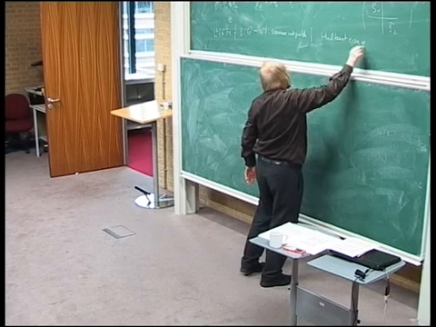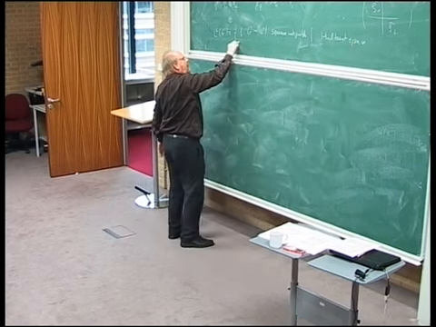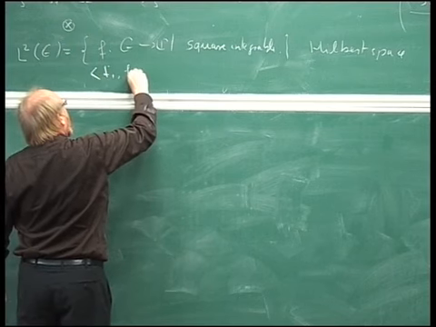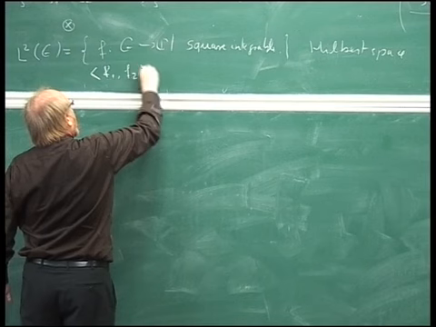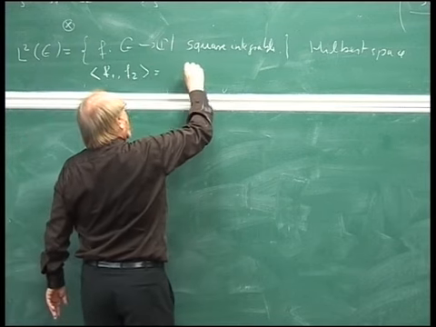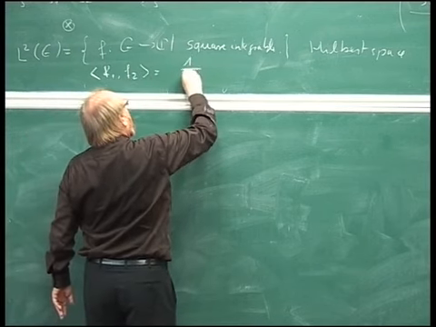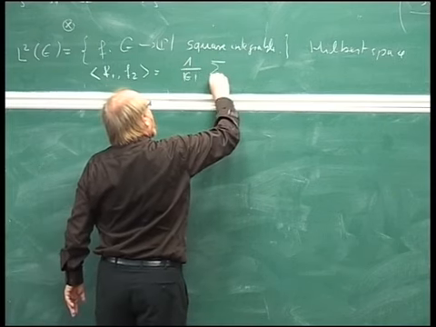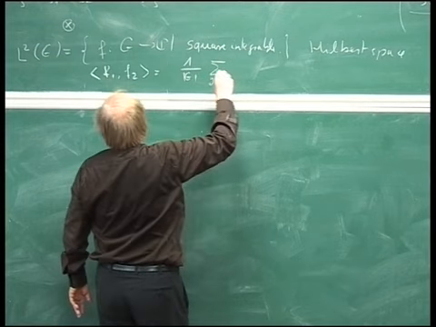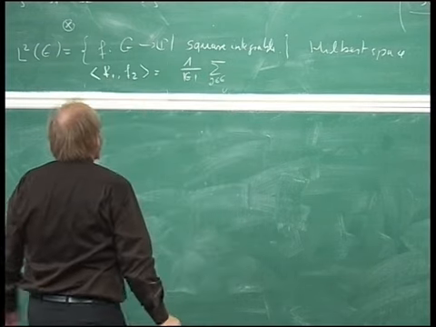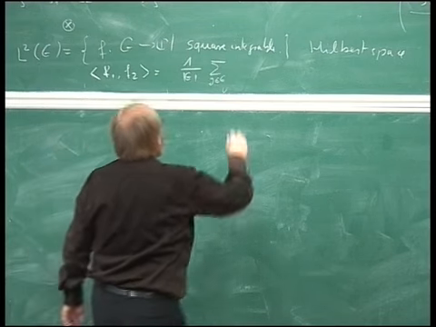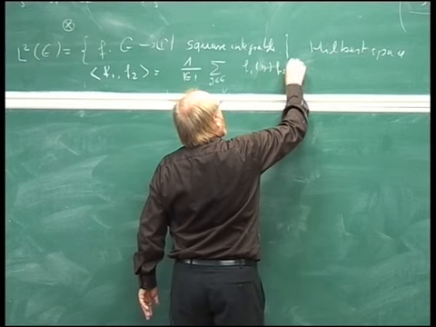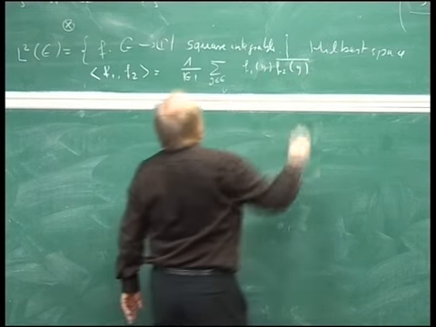And we have an inner product, which I denote by F1, F2, is in case of a finite group, I write it 1 over the order of G times the sum over the elements g in G of F1 of g, F2 of g bar.